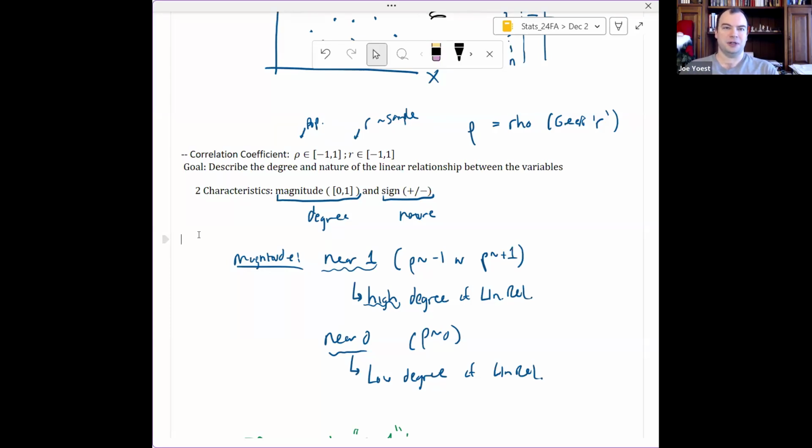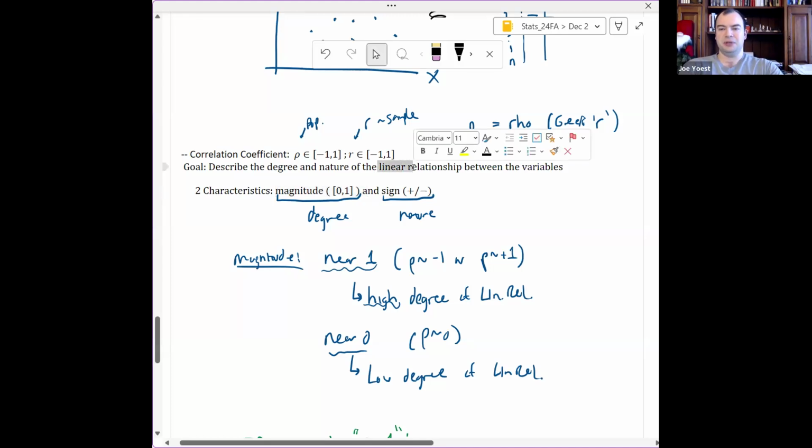A correlation coefficient near 0, say -0.1, +0.1, something like that, has a magnitude near 0. That magnitude describes what we might call the degree of the relationship, particularly the degree of the linear relationship between the variables. In the context of correlation and regression, if I just say relationship, I'm typically going to mean linear relationship. I might just forget to say linear.